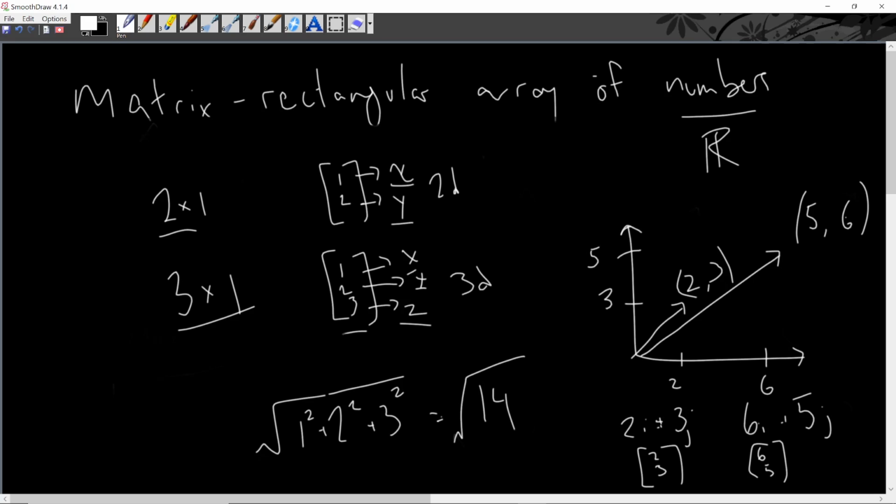And if we did, well, we're going to be actually subtracting, but if we try and add something to this to get to this, well, 6i minus 2i is 4i, and then 5j minus 3j is 2j. So this is 4, 2.